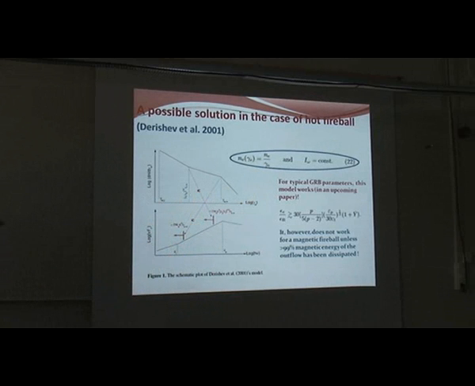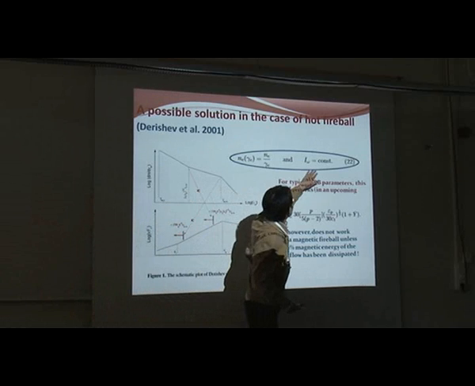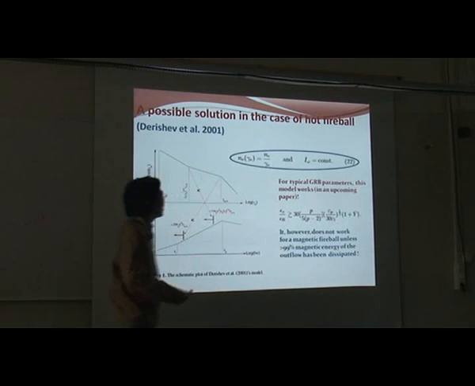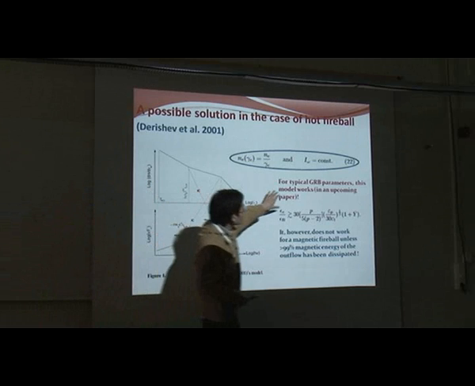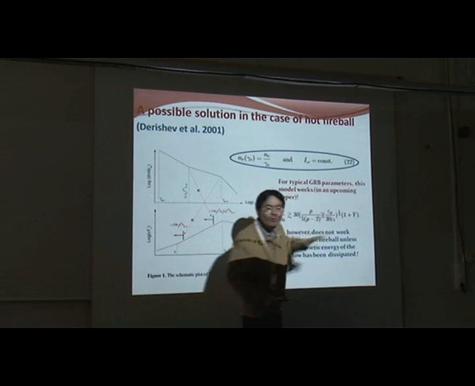And the spectrum, of course, is not F nu proportional to nu to the minus 1/2. It is proportional to nu to the 0. And recently, Sylvia and I found that for typical GRB parameters, this model works perfectly.